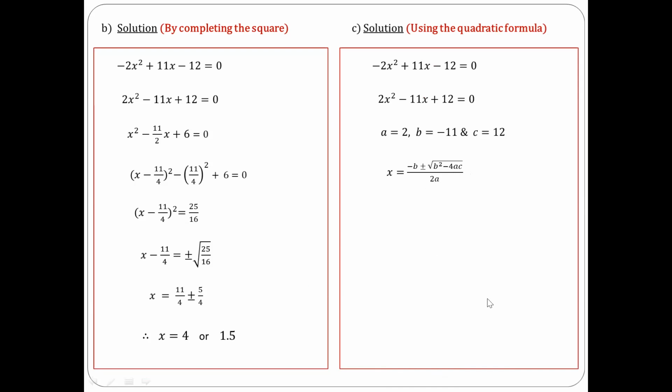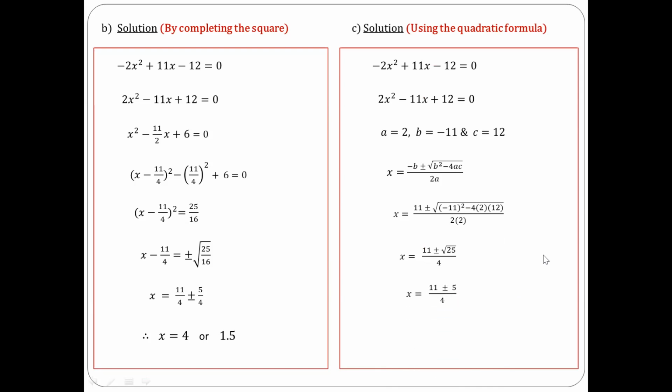And then what we are going to do is substitute these parameters in our quadratic equation formula, which we will then simplify. When you simplify the terms under the square root, negative 11 squared minus 4 times 2 times 12, you get 25. So it will be 11 plus or minus the square root of 25 over 2 times 2, which is 4.